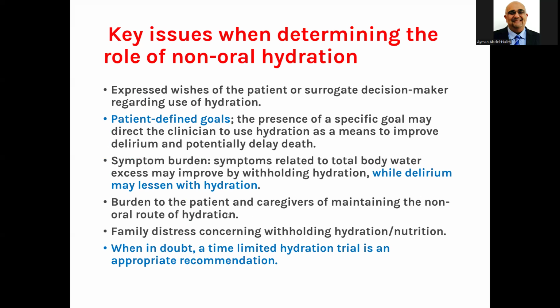Burden to the patient and caregivers of maintaining the non-oral route of hydration, family distress concerning withholding hydration and nutrition. When in doubt, always do a time-limited hydration, which is an appropriate recommendation.